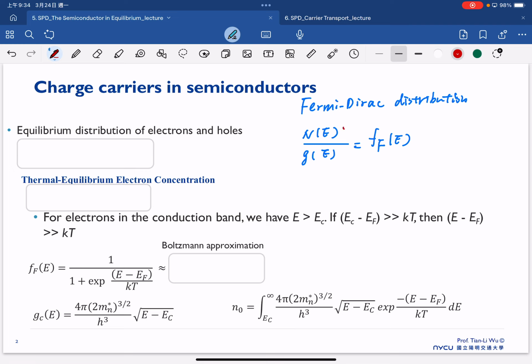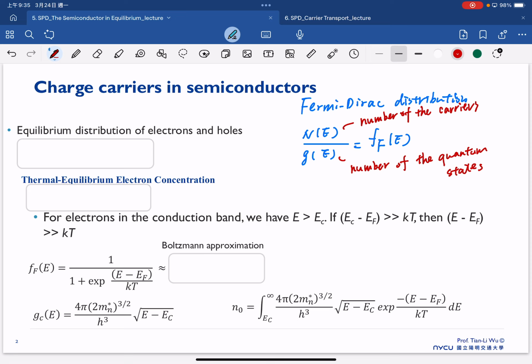The top one is the number of electrons, for example the number of carriers, and the bottom one is the number of quantum states. So this is the equation that we already considered last week.